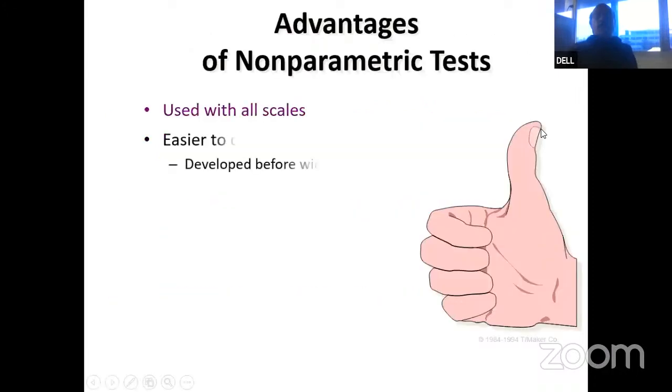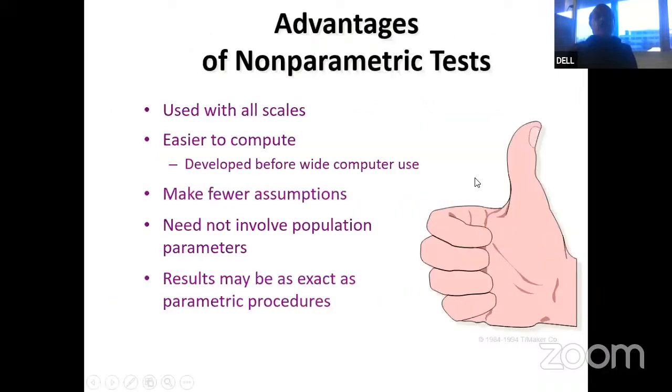So these are the certain advantages we observed. Usually with all scales, irrespective of the scaling aspect, they are easier to complete and develop, and easier to compute later. They make fewer assumptions and need not involve any population parameter.